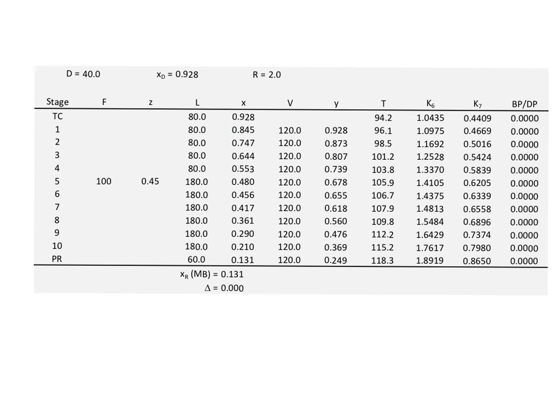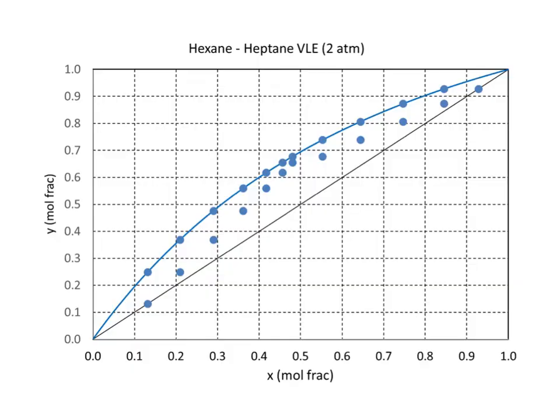And now, if you want to know the temperature of any tray, it's here, and the composition of the liquid and vapor of any tray. Here's a little bonus. I've plotted on the XY diagram the compositions of the streams leaving each stage and the compositions of the streams passing between stages.